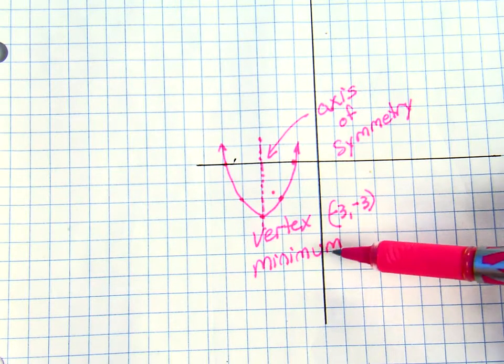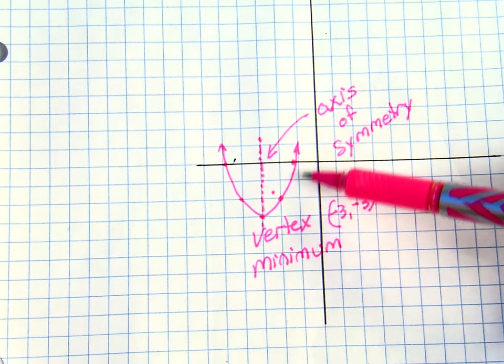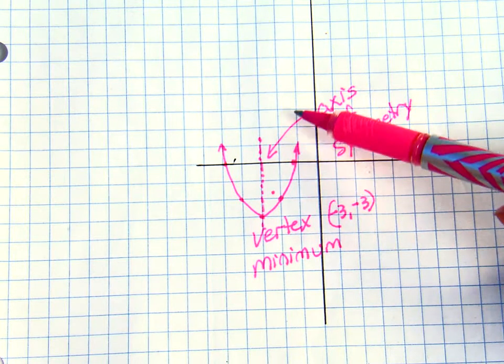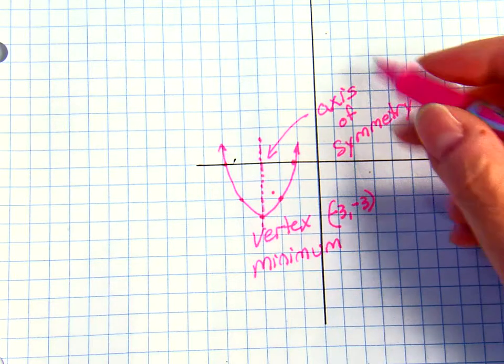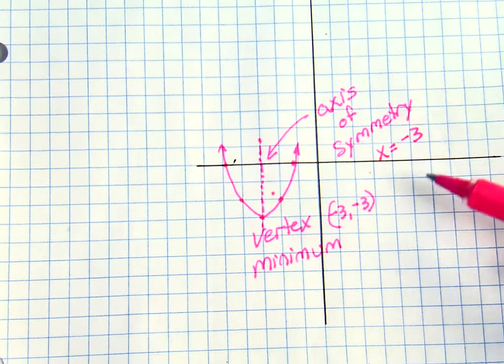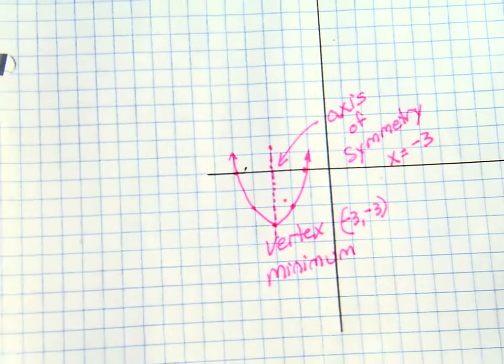This is called a minimum because it is the lowest point of our open upward parabola. Here is our axis of symmetry, and that is at x equals -3. And so this is going to be the form of everything that we graph.